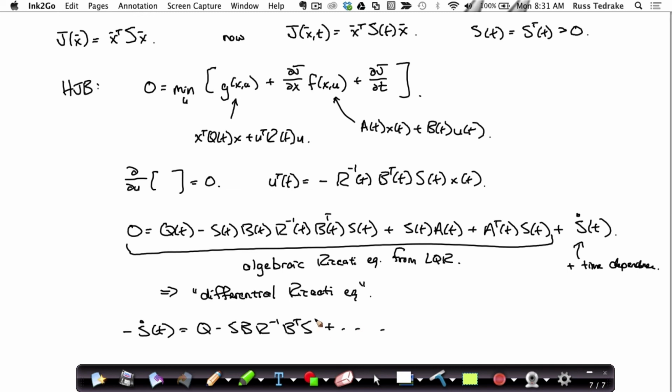This is exactly a differential equation that describes the solution of the optimal cost to go. The way I've written it, the problem formulation, we actually have final conditions at t final, because S final is just 0, because I don't have any final cost. If I were to put a final cost in, I might have a non-zero solution here.